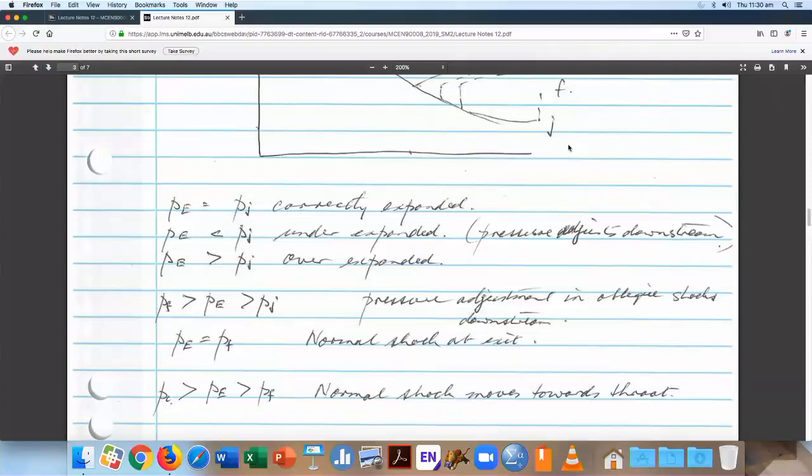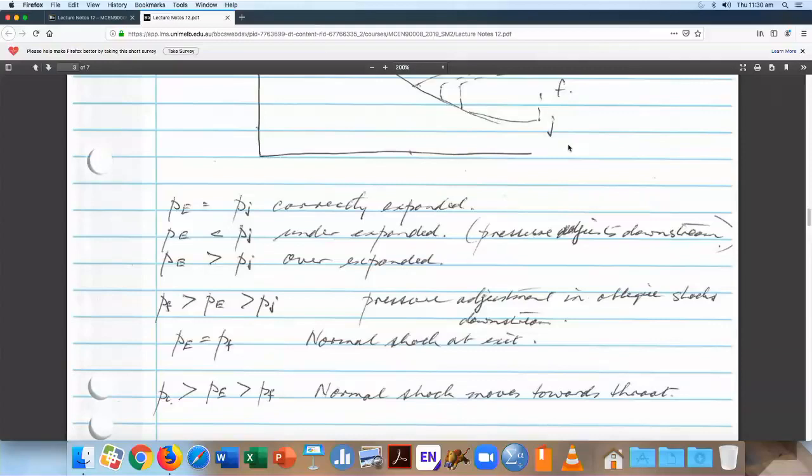If PE is even less than PJ, then we've underexpanded, namely we could keep expanding some more until we reach PE. If PE is greater than PJ, it's overexpanded. We kept expanding it as a supersonic flow for too long. We should have cut the nozzle off if we didn't want shock waves.